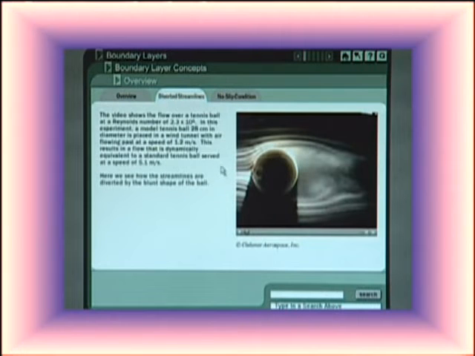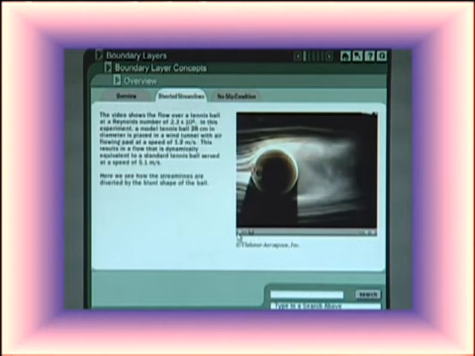So, with the help of these two videos we can understand the concept of boundary layer. Here we have a ball which is kept in a moving fluid. Now, we can see that these streamlines are getting diverged and separated, and a boundary layer is formed, right.